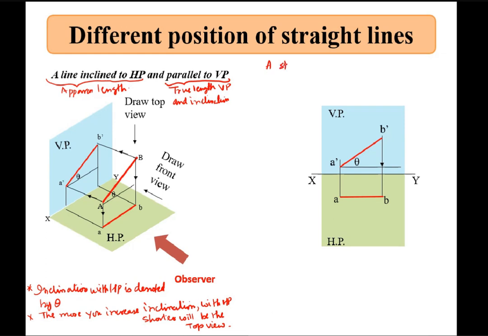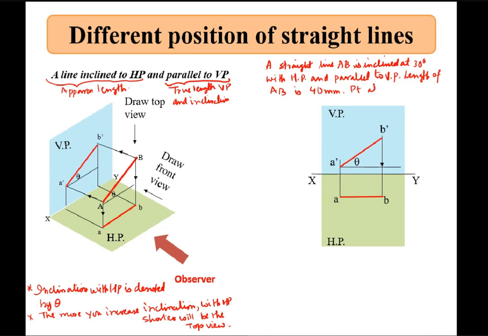A straight line AB is inclined at 30° with HP and parallel to VP. The length of AB is 40 mm.